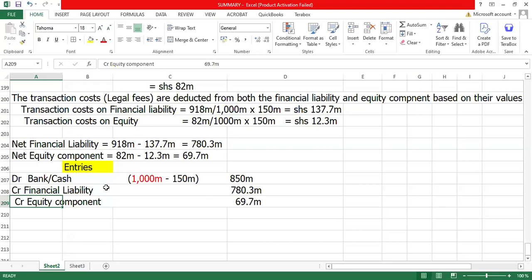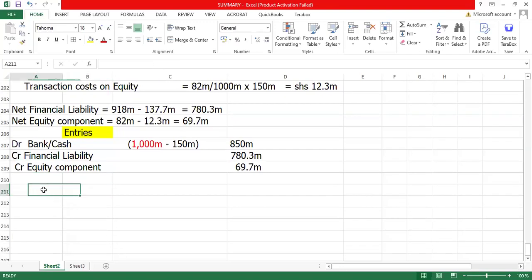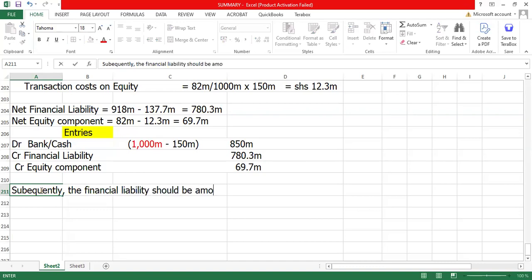Then subsequently, the last part on this question, as I said, you amortize the financial liability over the period, that is 5 years. Recall that subsequently, equity should remain, so you have no business with equity.